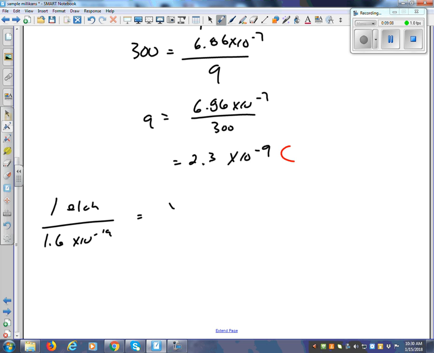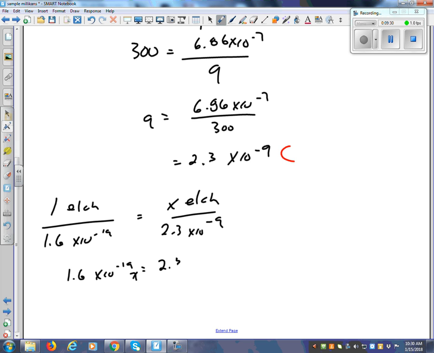So how many x Elches is 2.3 times 10 to the minus 9? Set up a ratio, and you cross multiply, so you get 1.6 times 10 to the minus 19 times x is equal to 1 times that.